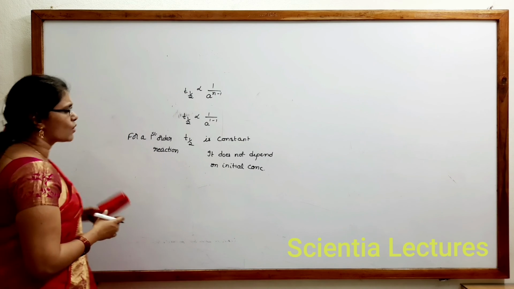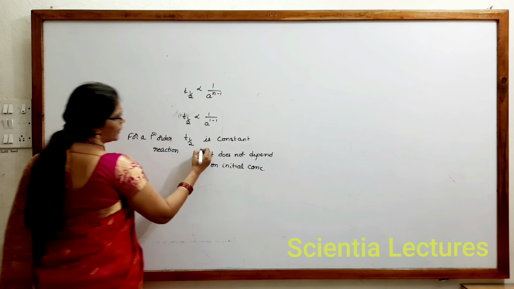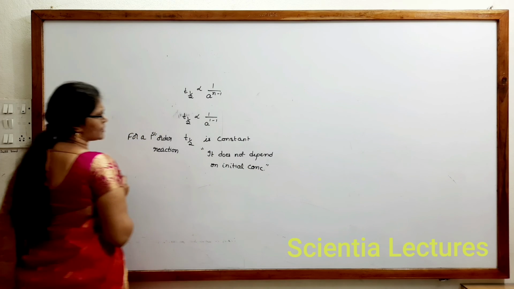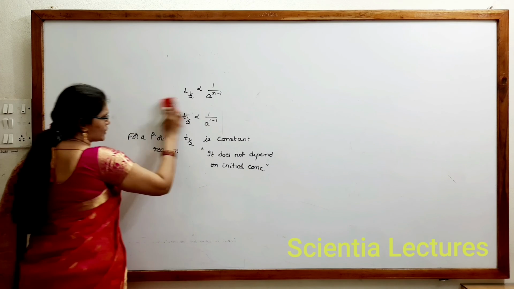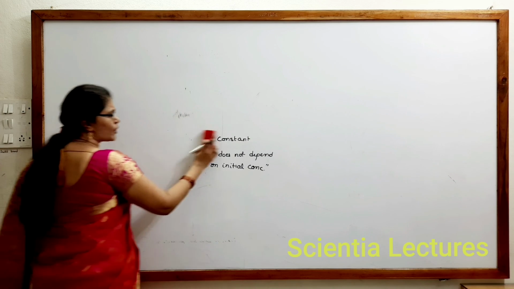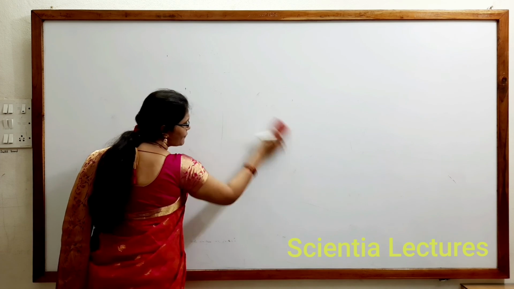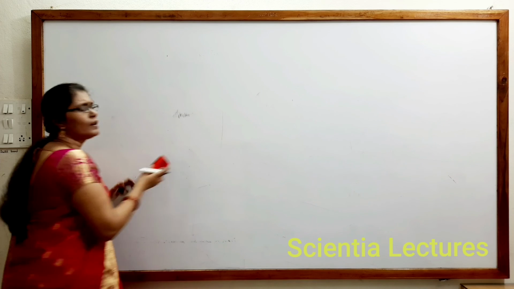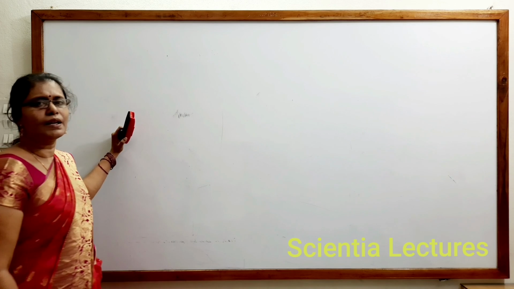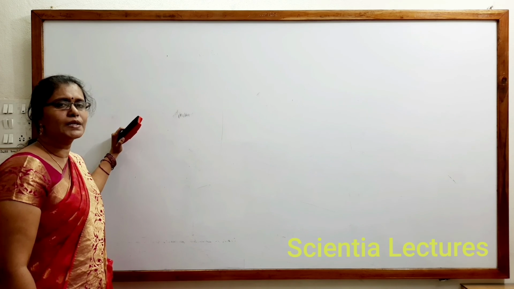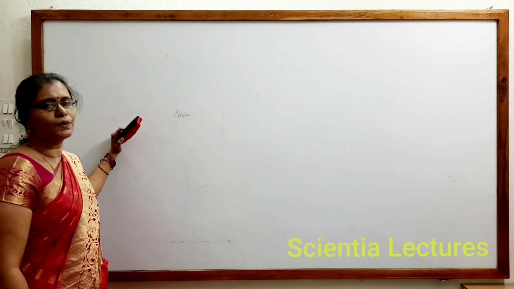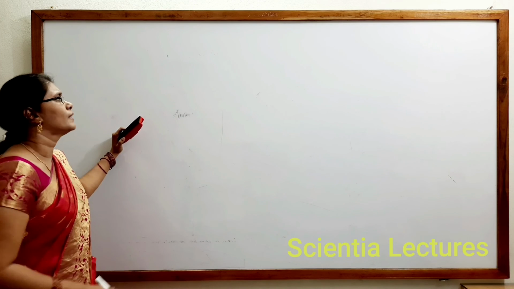So T half is constant. It does not depend on initial concentration. So remember, for a first order reaction, it is a very important term to be remembered that T half is independent of initial concentration. Is this clear? So T half must be equal to 0.693 by K1. That's what we have derived now.